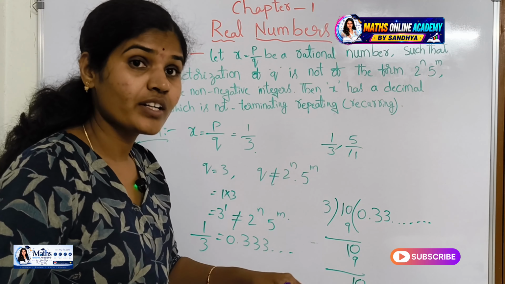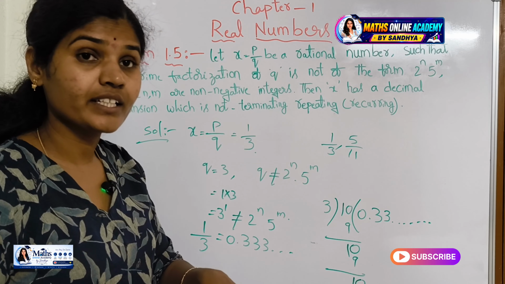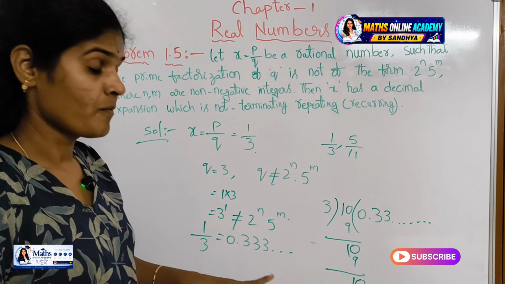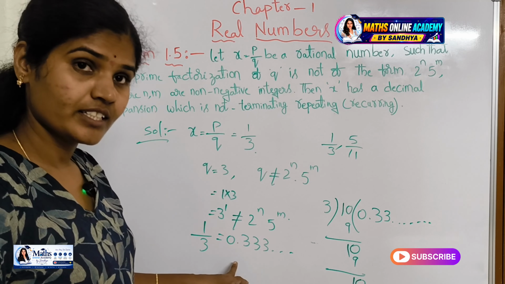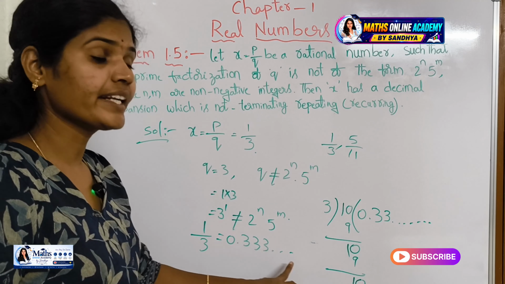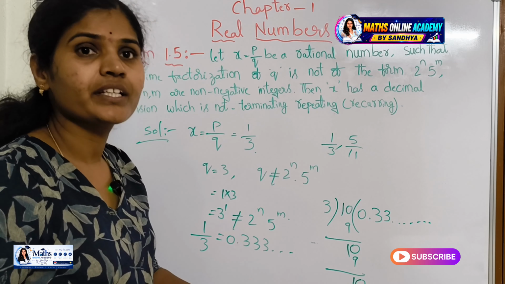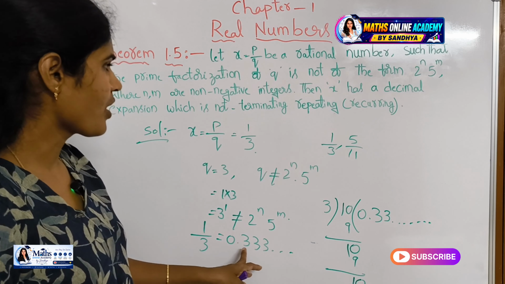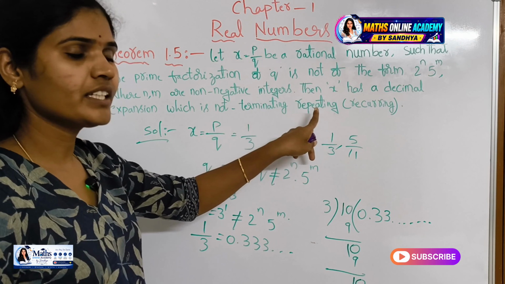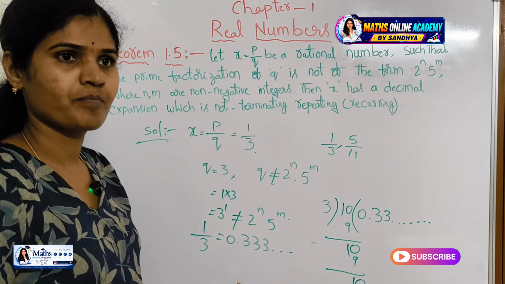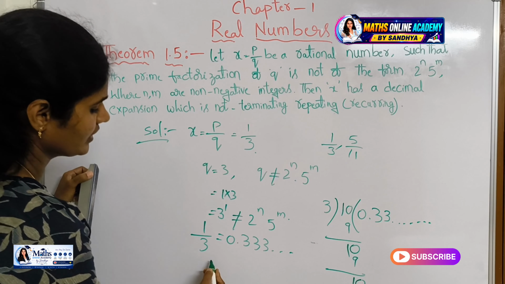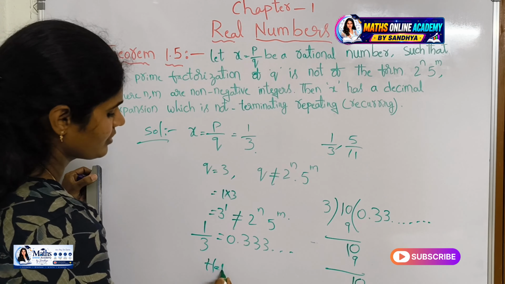So that decimal expansion is non-terminating, repeating decimal numbers. Before, we discussed what non-terminating, repeating or recurring numbers mean: the division or the decimal numbers are not ending. Those are repeating. So this is in the form of non-terminating, repeating decimals. Hence proved.